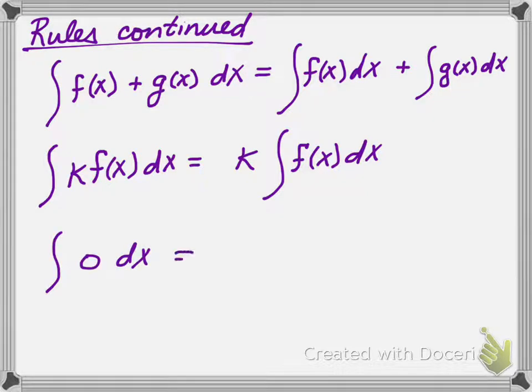And the antiderivative of 0 is just equal to the constant c, because the derivative of a constant is equal to 0. In our textbook, you can find a table with all of these basic properties listed out on page 201.